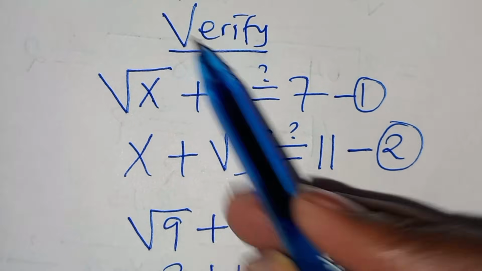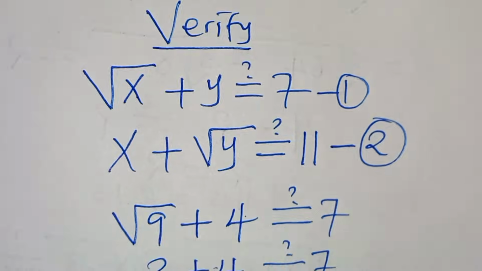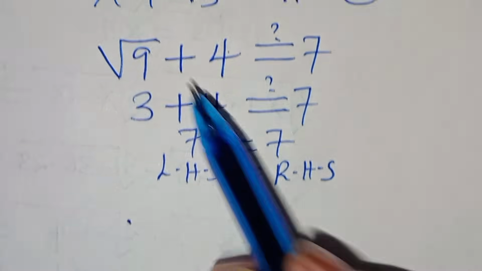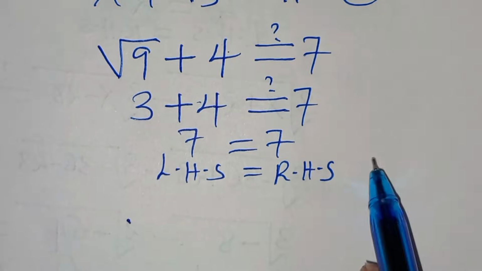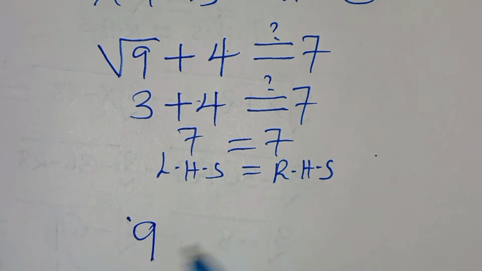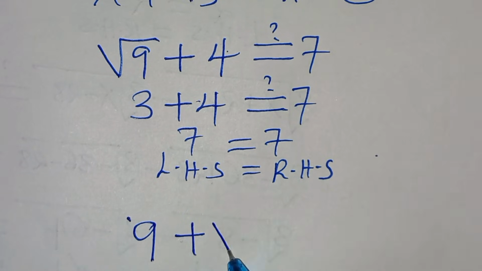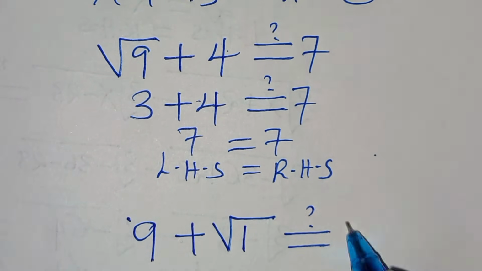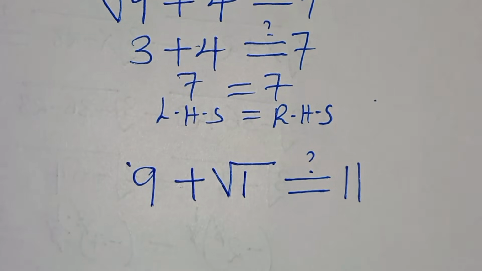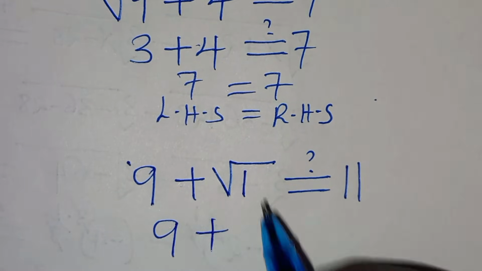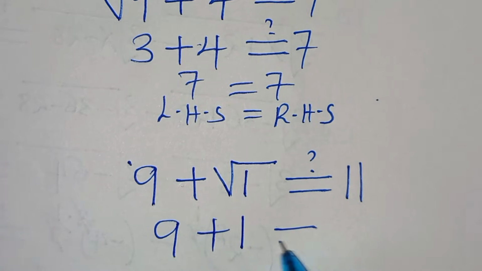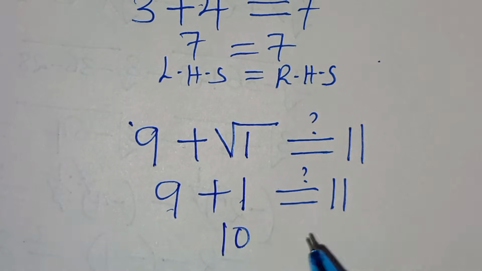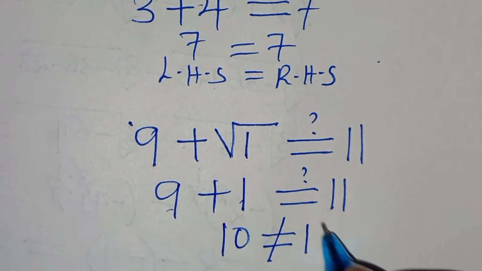Now let's check x, y, which is 9, 1. Let's check with equation 2 here. We have x, which is 9, plus square root of y, which is the square root of 1. This should give us a value of 11. So this is 9 plus square root of 1, which is 1. 9 plus 1 is 10, which is not equal to 11.